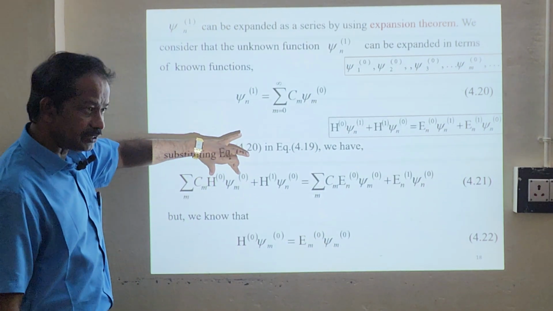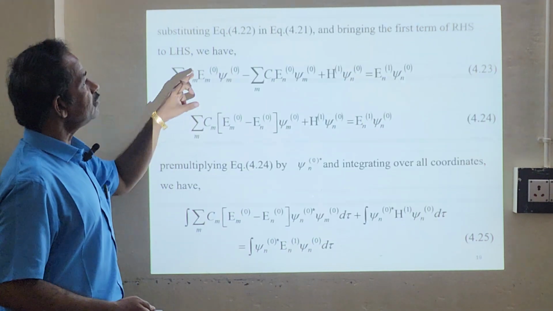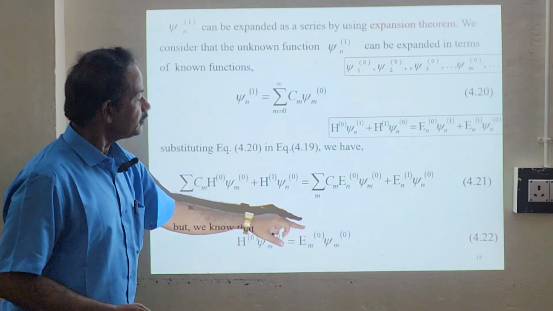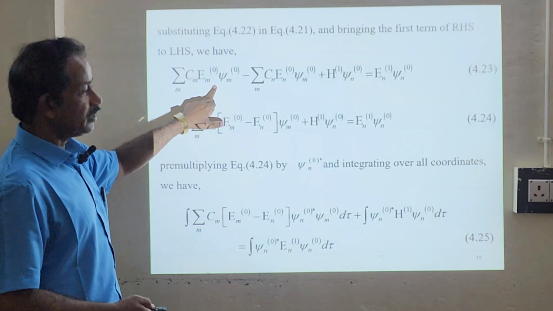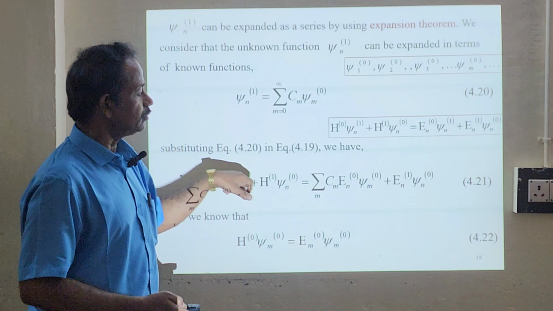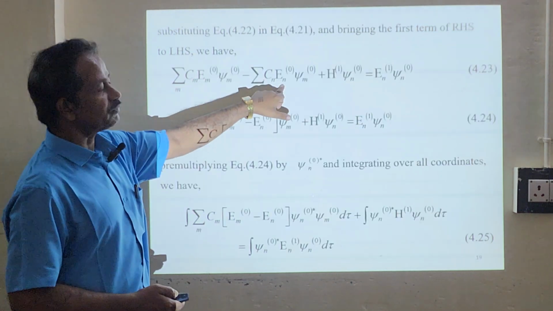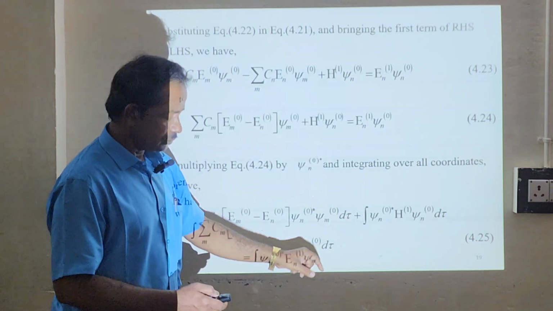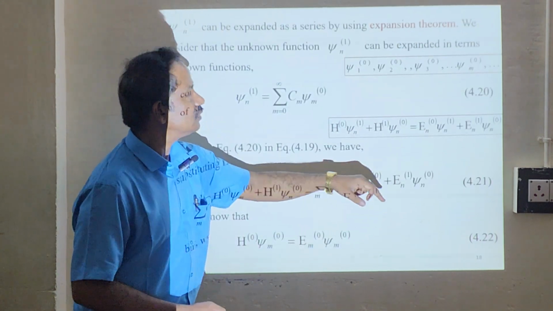So substitute for this expression alone. So we will have Cm Em psi m 0, correct? And you bring this term to the left hand side. The rest of the terms let it be like this, and on the right hand side we have En1 psi n 0.